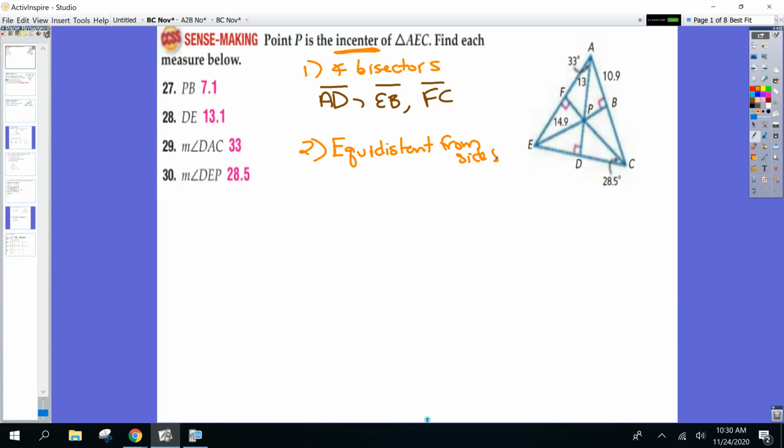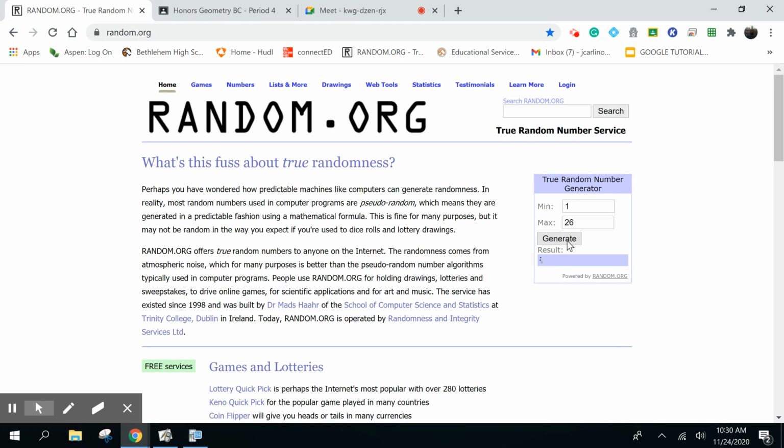All right, on my diagram, name 3 segments that are congruent. Name me the 3 segments that are equal to each other because they're equidistant from the sides. Name 3 segments in my diagram that are congruent. Gideon, back to you.